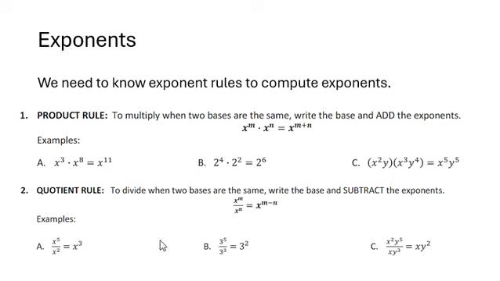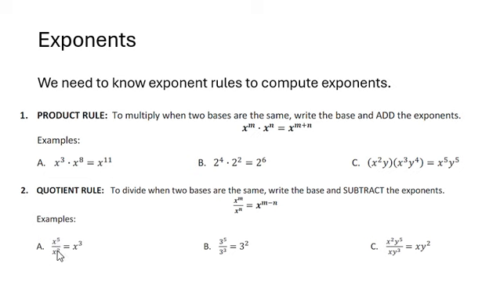Here are some examples. The first example, multiplication: you add up the exponents, 8, 9, 10, 11. Here you add up 4, 5, 6, 2 to the power 6. Same base, you add, so that's 5 and that's 5.